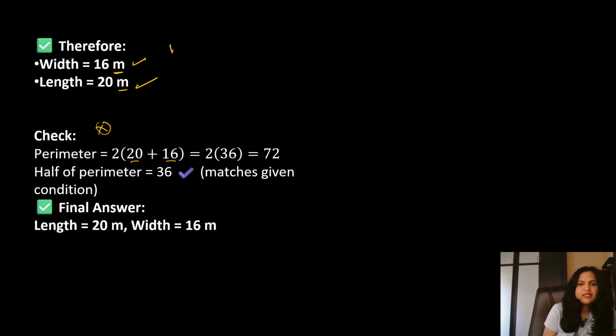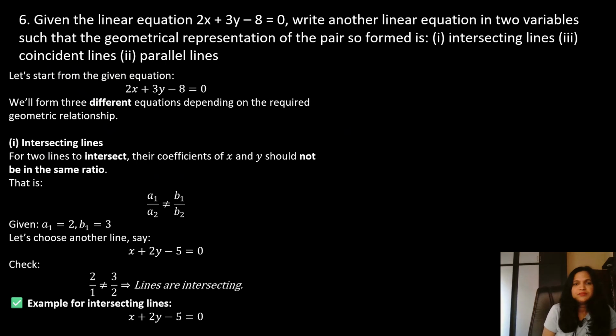Half of the perimeter is 72 by 2, which is 36. You got the answer 36, half of the perimeter. So the final answer is length equal to 20 meter and width equal to 16 meter.